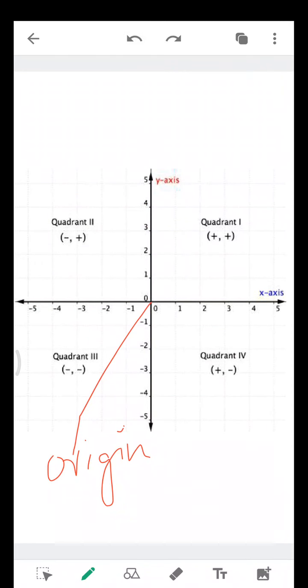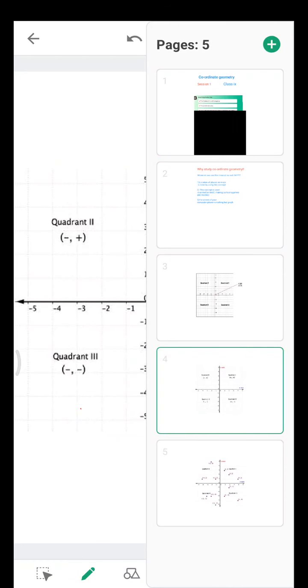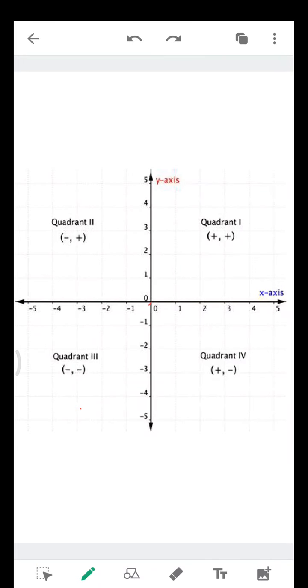Then in the third quadrant, x will be negative, y will also be negative. Then in the fourth quadrant, x will be positive and y will be negative. So this is all about the quadrants. You can clearly see here.